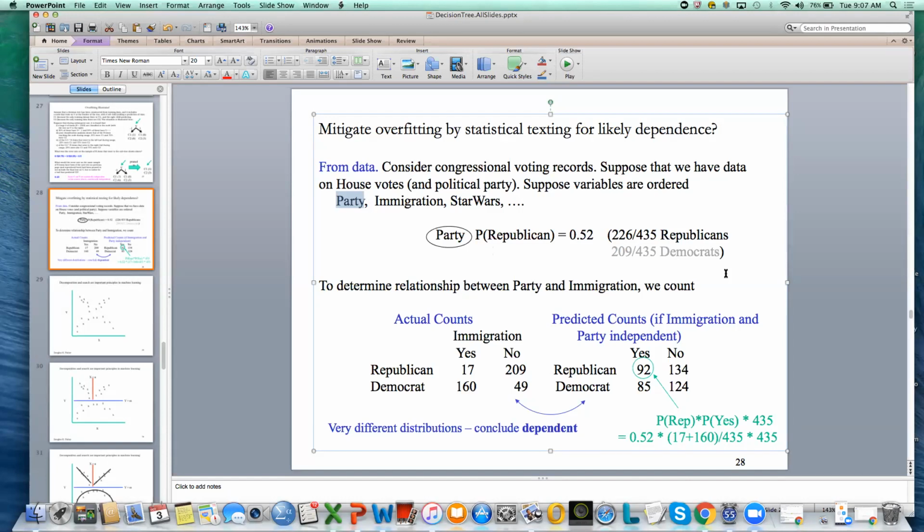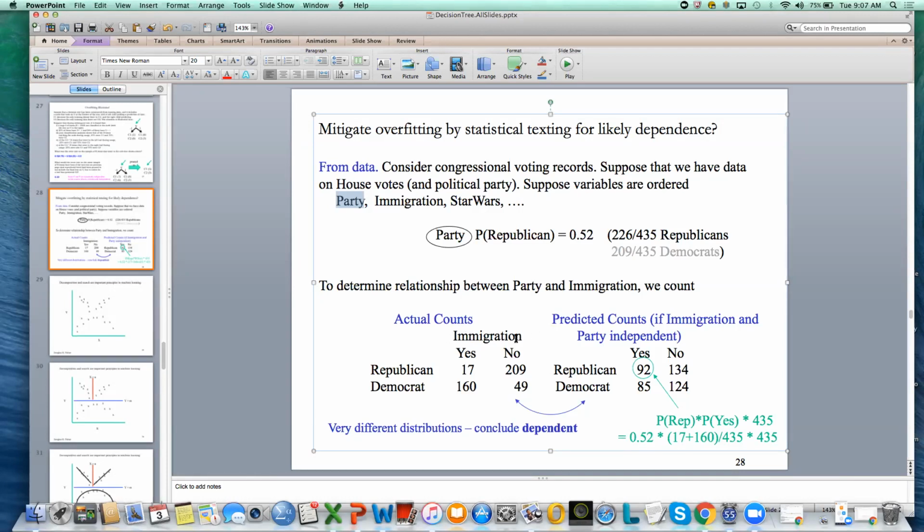And as we're decomposing the decision tree, what we would typically do to determine whether it was worth decomposing is, we would be at a node and we were considering whether to branch on immigration.